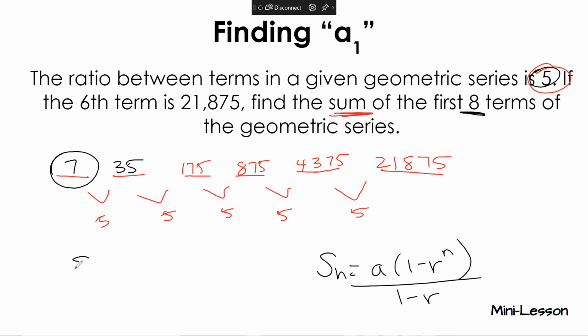So we're going to plug all of that information into our formula. So we're going to say S sub 8 is equal to 1 minus 5 raised to the 8. Oh, and our initial amount was 7. On the bottom, we have 1 minus 5.